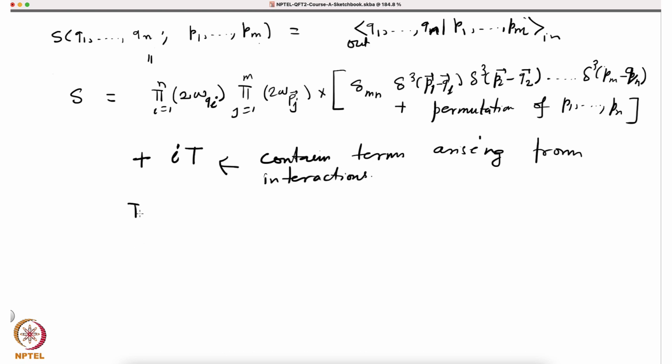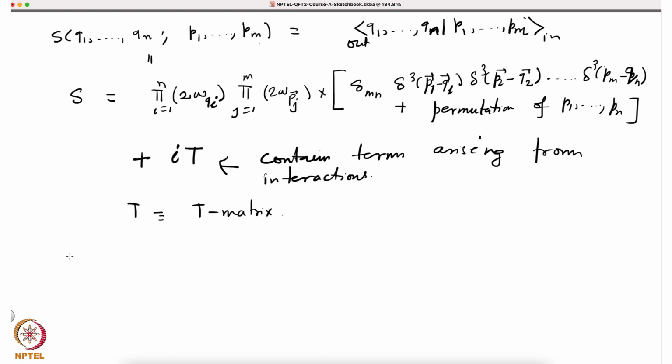T is called the T matrix. This is the really non-trivial part. The first part is trivial. This is what carries information about the scattering.